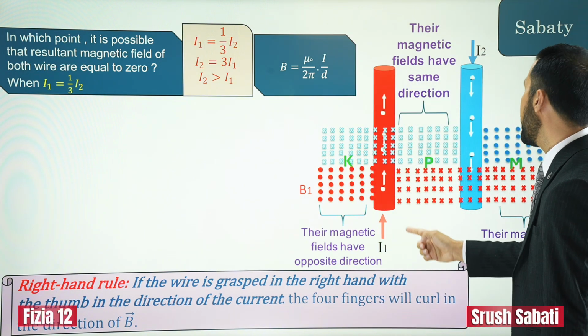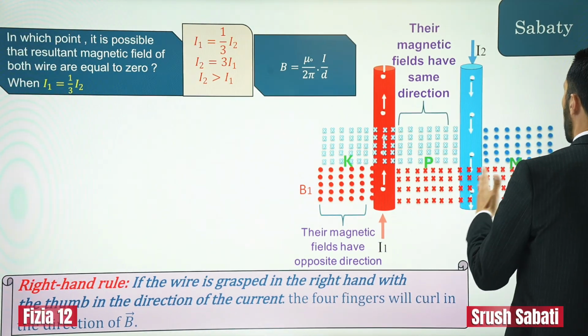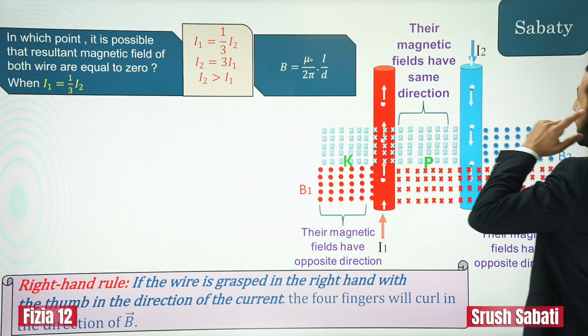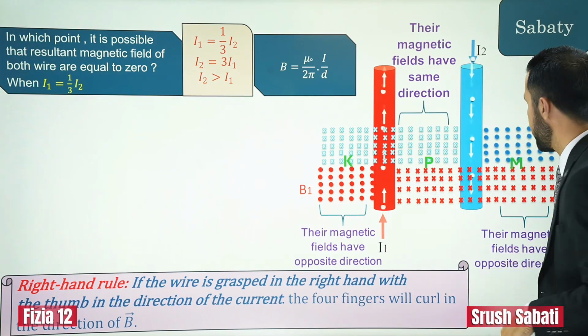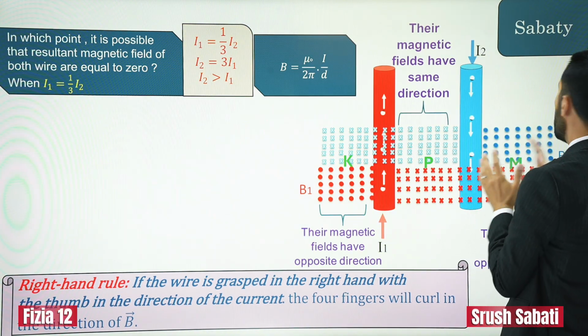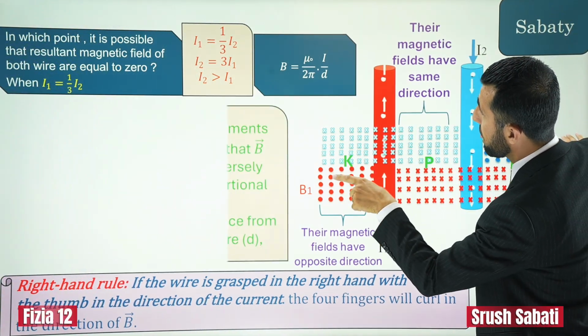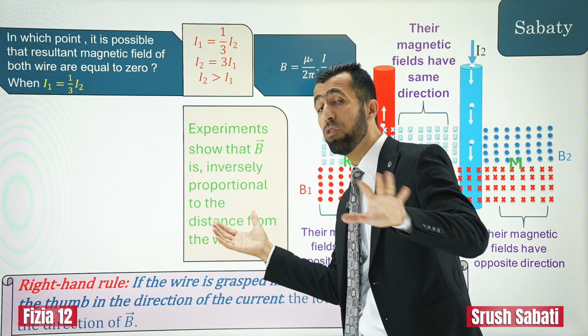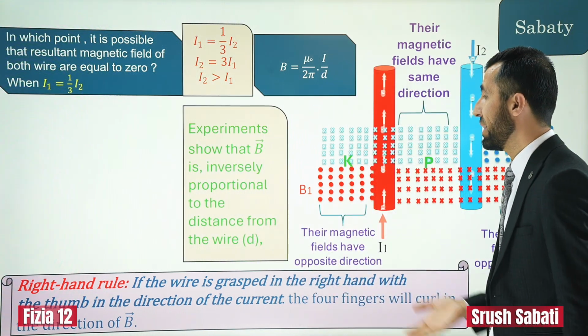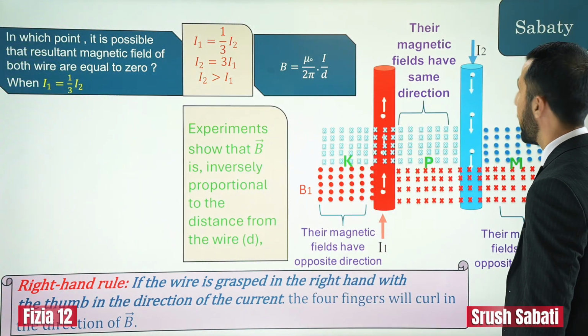For wire 1 and wire 2, keep in mind that this relation is so important if you have a multiple choice. Experiments show that B is inversely proportional to the distance from the wire.